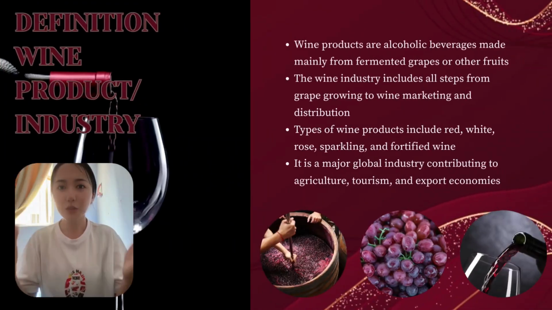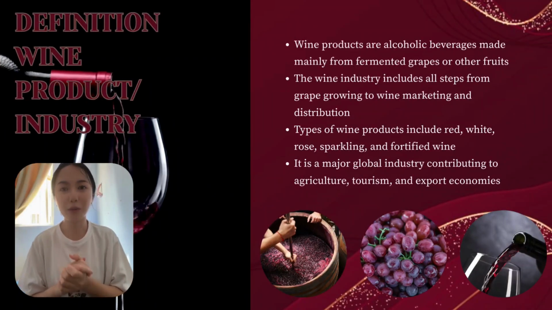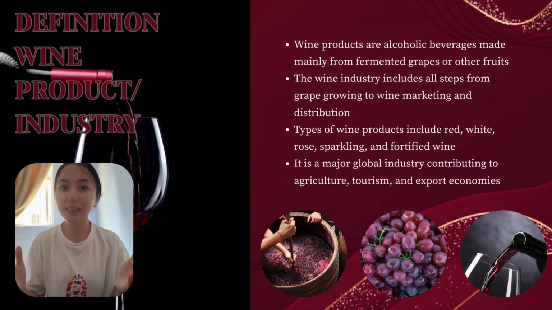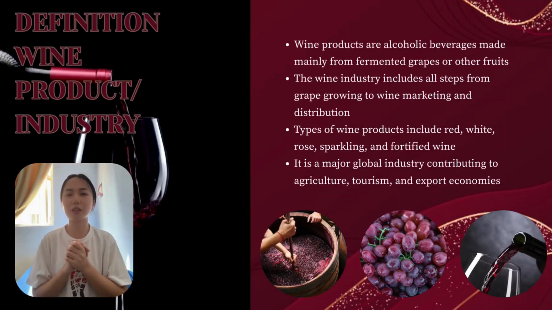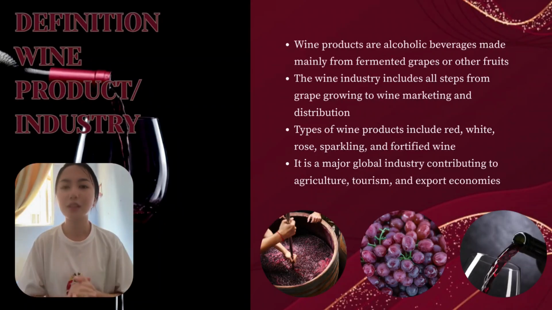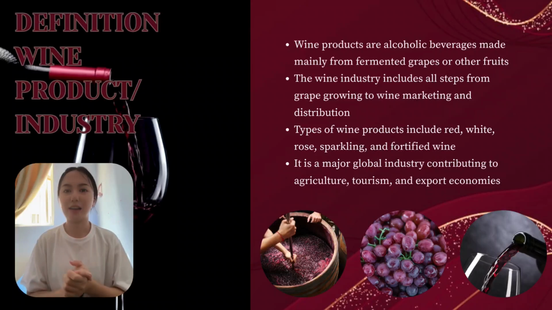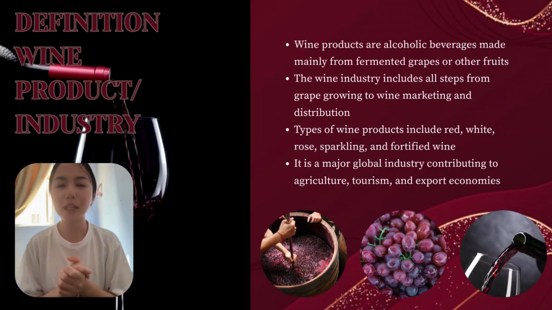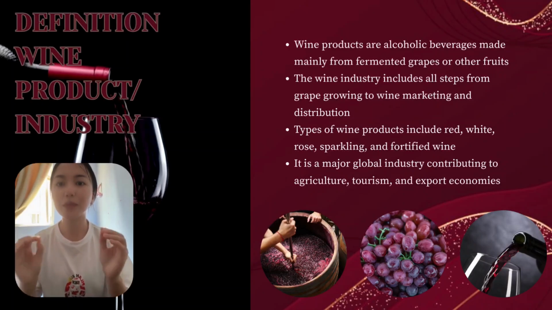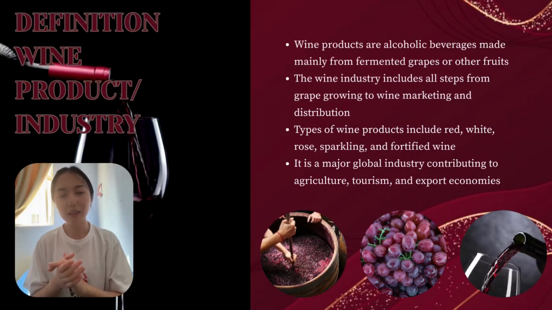Next. So, what is a wine product and what is the wine industry all about? Wine products are alcoholic drinks made mainly from fermented grapes, but other fruits can be used too.